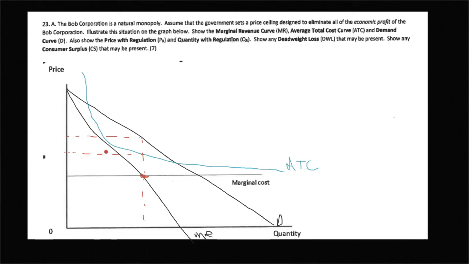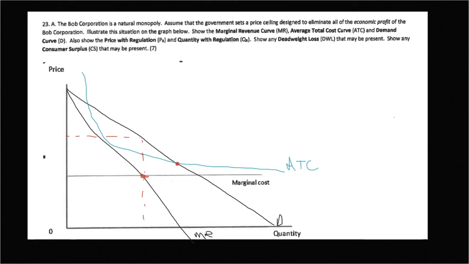But we are not monopolists, we are the government, and we're trying to set a price ceiling. And the price ceiling is where we want the monopoly to be making a profit of 0.